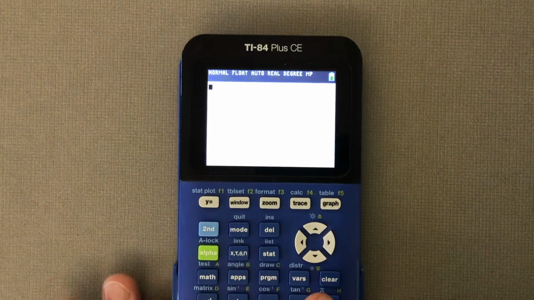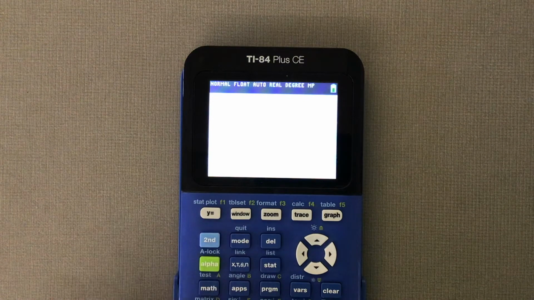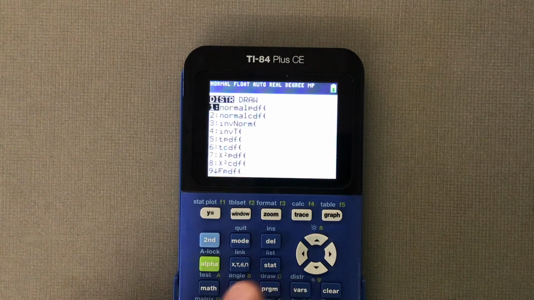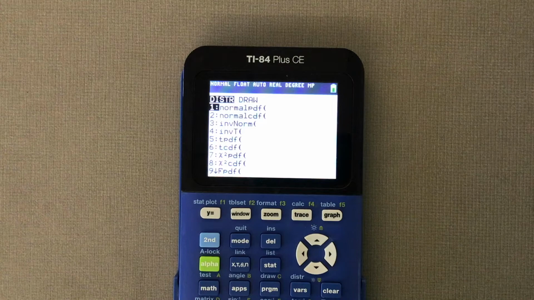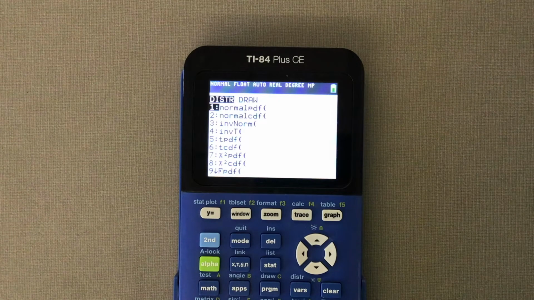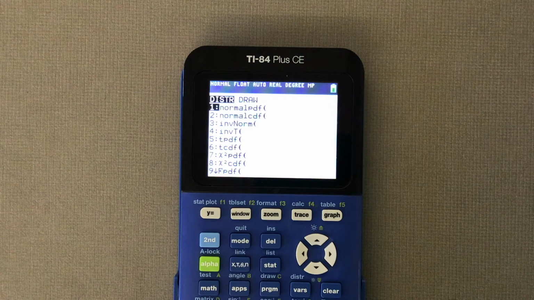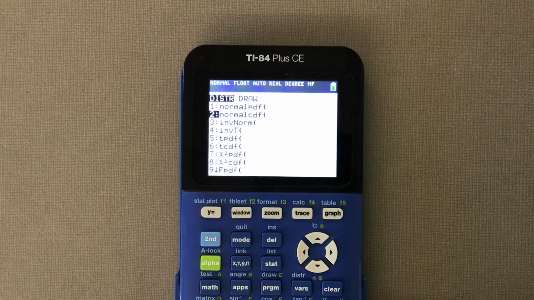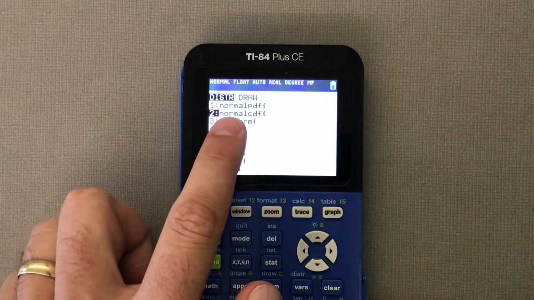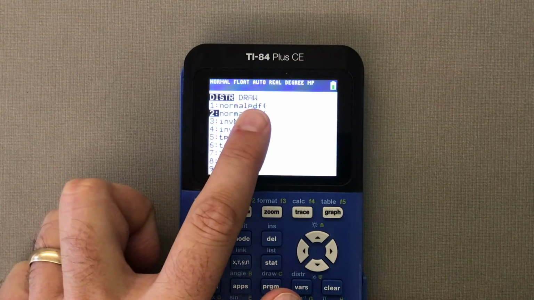So to get there, we're going to go ahead and press second, and then that vars button. And then it has a huge list of distributions, most of which we will end up using at some points during this year. And the one we want is the second one here, normal CDF. Normal PDF is pretty useless to us in this class.